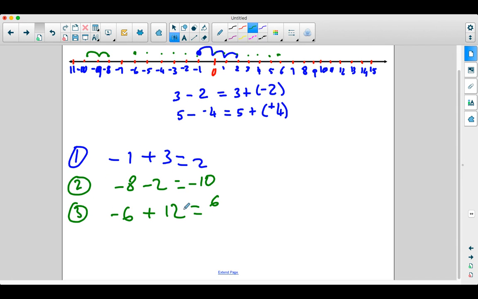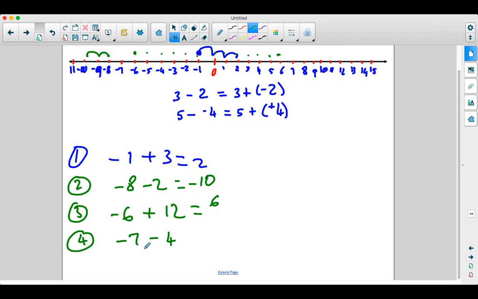Okay. Let's do one more. Okay. Let's say you have negative 7 minus negative 4.